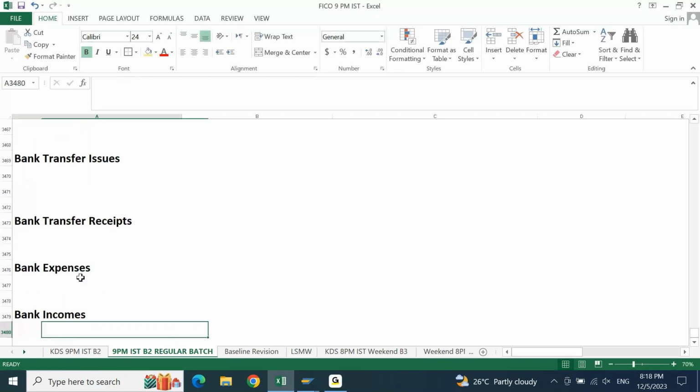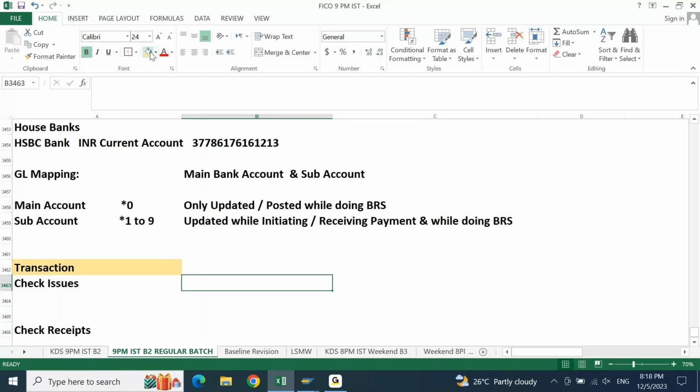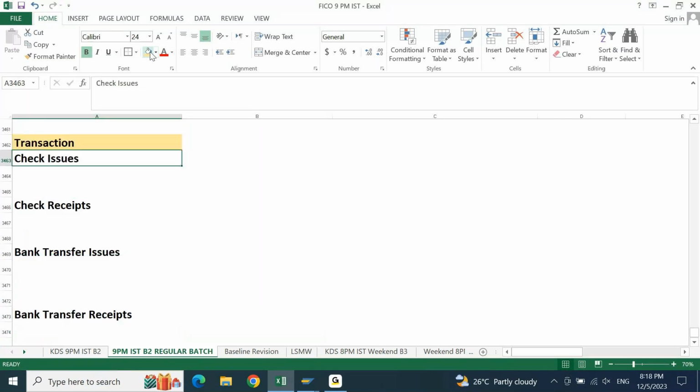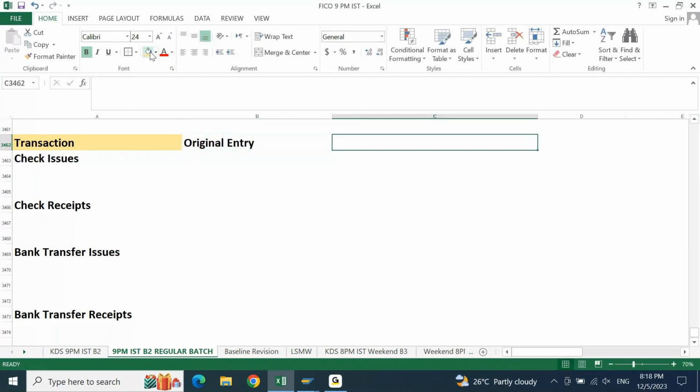When we write these points, let me highlight these points first. Now, this is the transaction that I have listed. After the transaction, here I will write original entry. Next one I will write BRS entry.